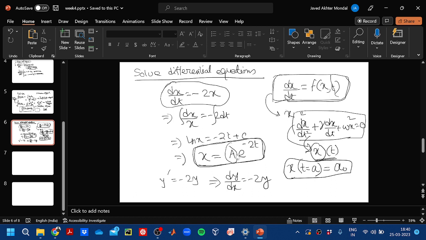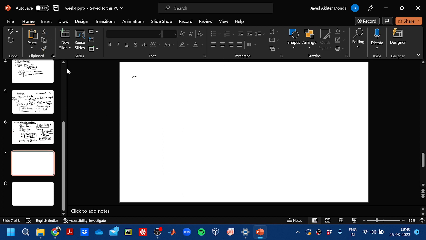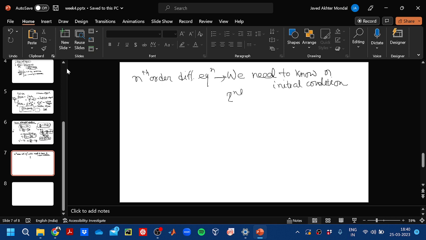The general idea is that for an nth order differential equation, we need to know n initial conditions. In the case of the harmonic oscillator, since it is a second order differential equation, to fully get the functional form of x with respect to t we need two initial conditions.